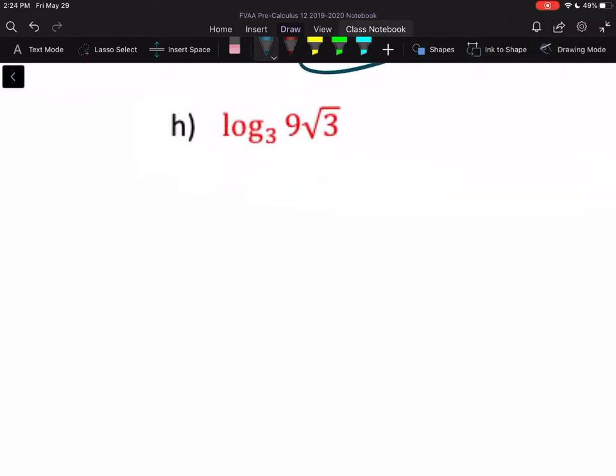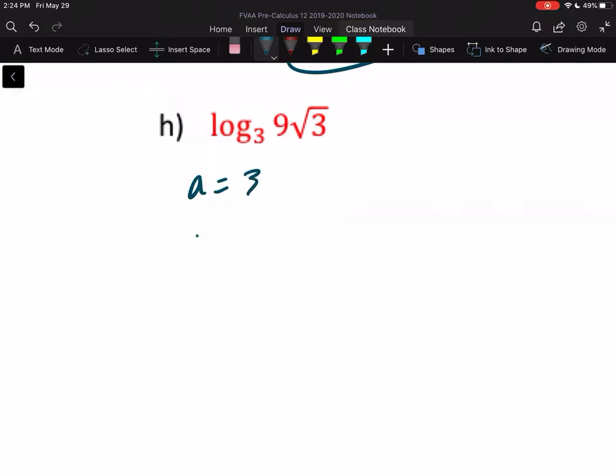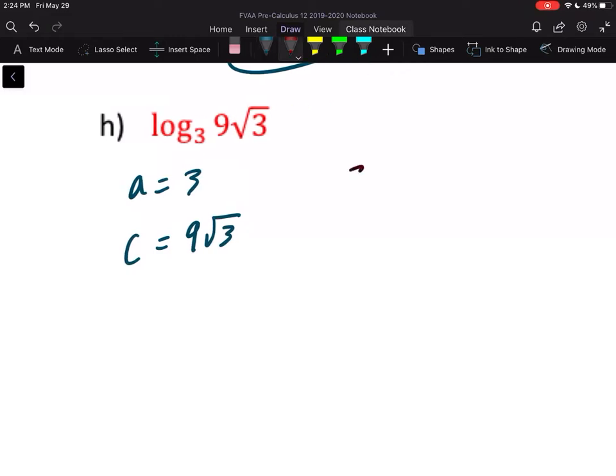And last one here, similar to the previous question that we saw, a is equal to 3, and c is equal to 9 root 3. All right, so I substitute 3 to the b is equal to 9 root 3. Okay, 9 root 3 is equal to 3 squared times 3 to the 1/2.